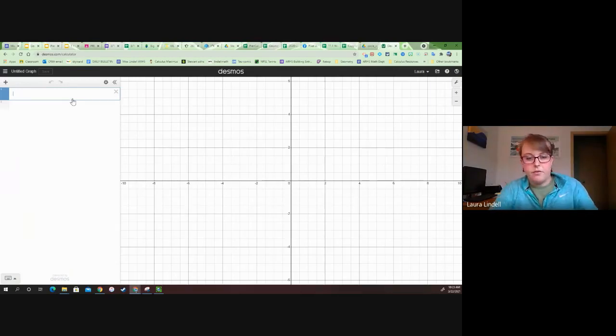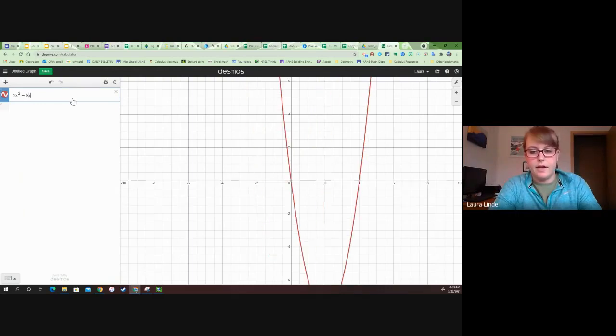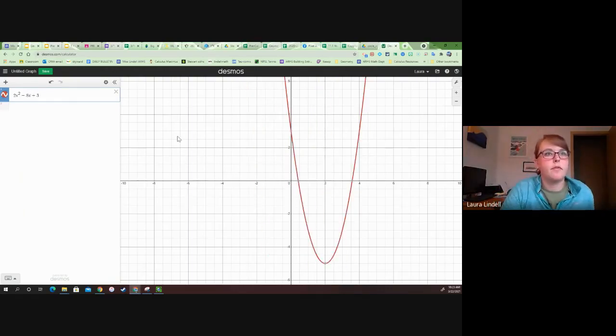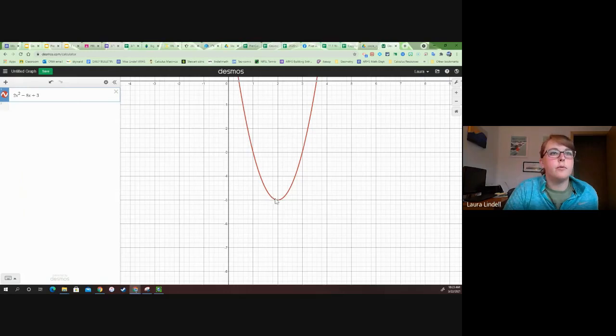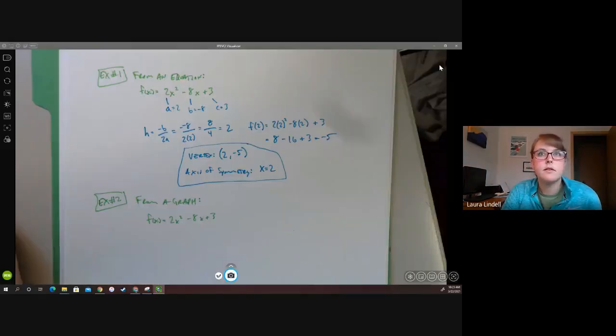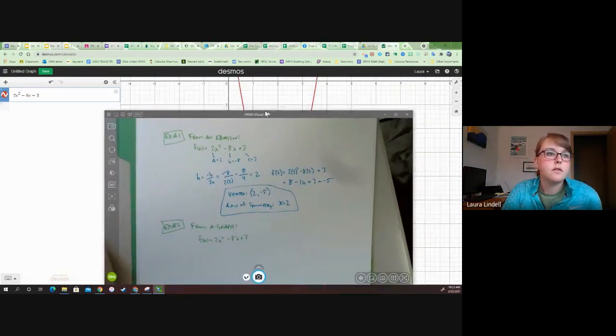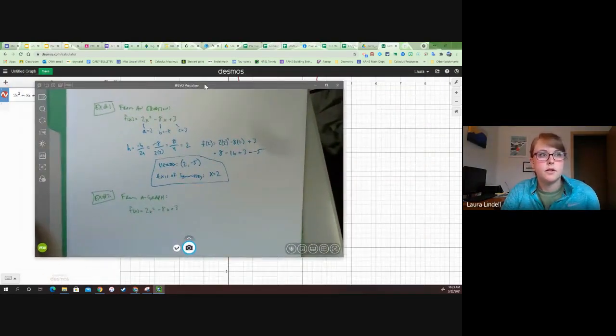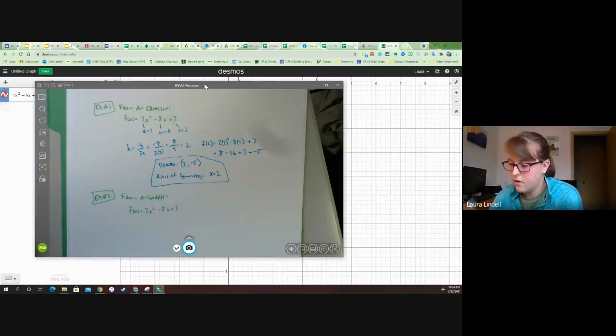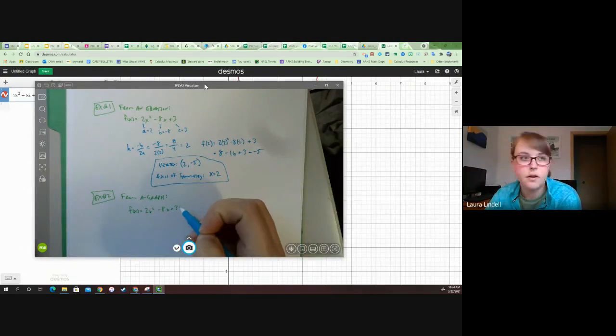And we're going to put in the equation 2x squared minus 8x plus 3. And here we can click on the vertex, which is nice, because then we get it the same way. The vertex is still (2, negative 5). And so then we know the vertex, and we also know the axis of symmetry, because that's just the x value of the vertex.